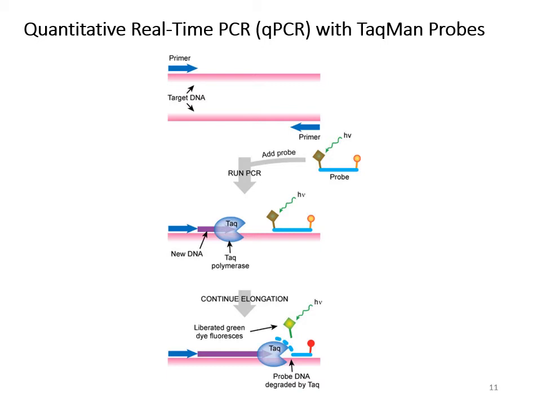Okay, so one more time. The more product you have, the more template DNA you have, the more new strands will be built with the Taq polymerase, which means more probes get cleaved, which means greater fluorescence as the fluorophore is separated from the quencher.